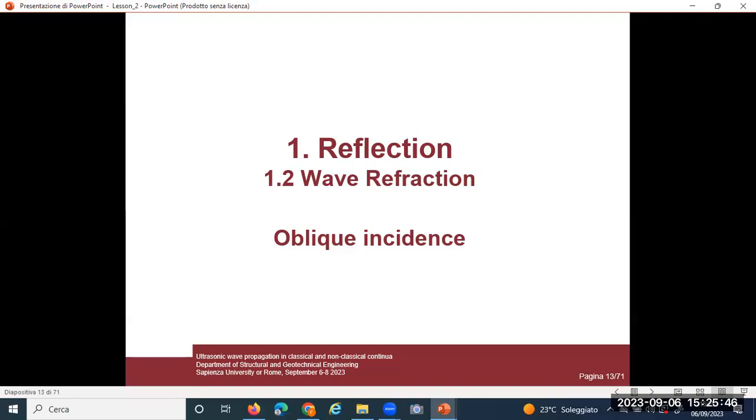Now, up to now, we've seen what happens when the incidence, the wavefront, is parallel to the surface where the change of properties occurs. But what happens if we have oblique incidence?